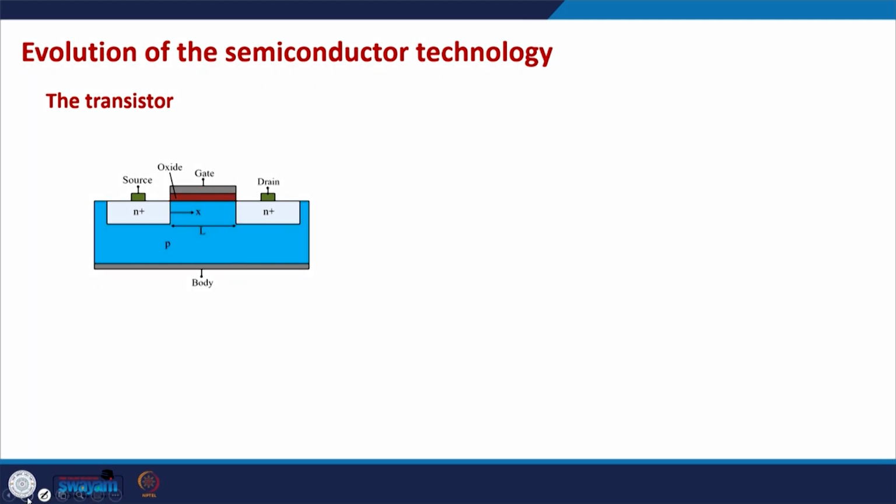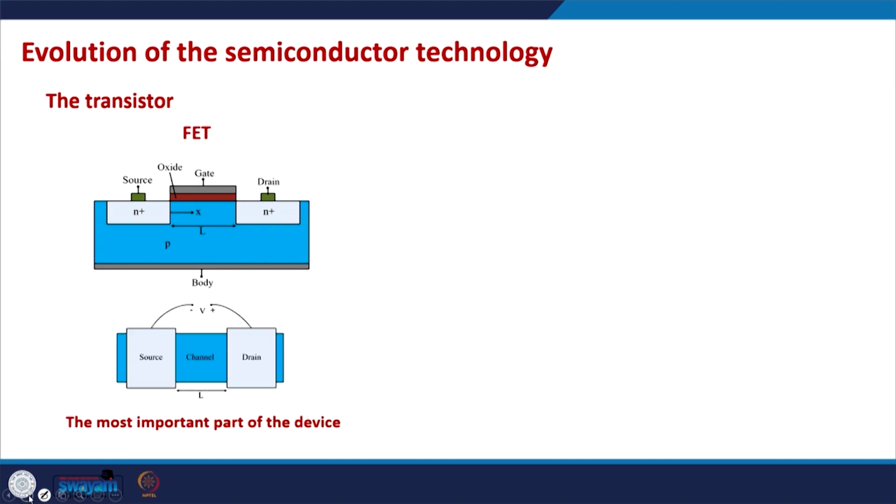So, let us see how this has evolved over the years. The most important part of the device is the active region. It is essentially the region between the source contact and the drain contact, and the region between the source and the drain is known as the channel region.